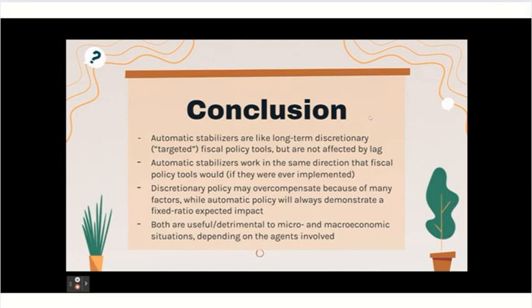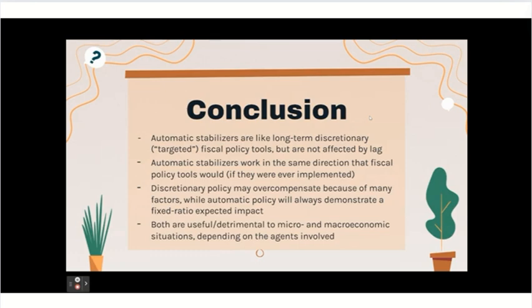But as it says in that very last little point, there's good and bad, I will say, to both types. It just depends on who's looking at what and through what lens.